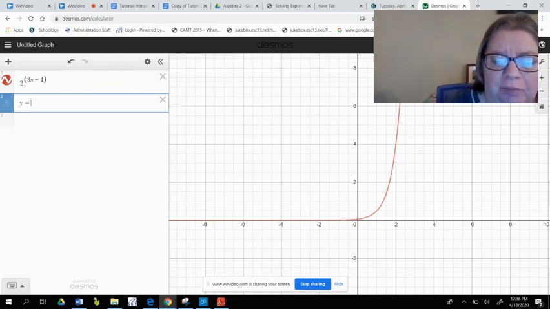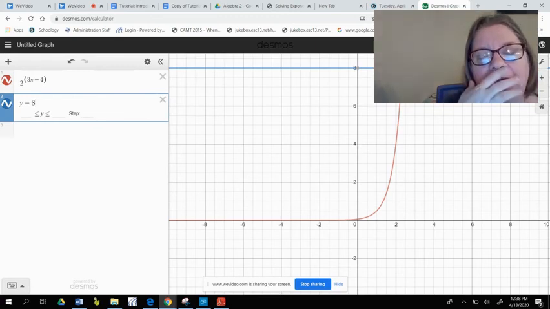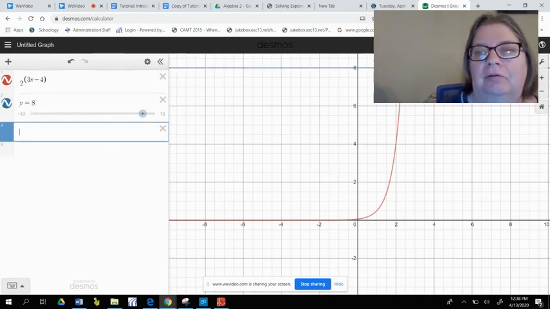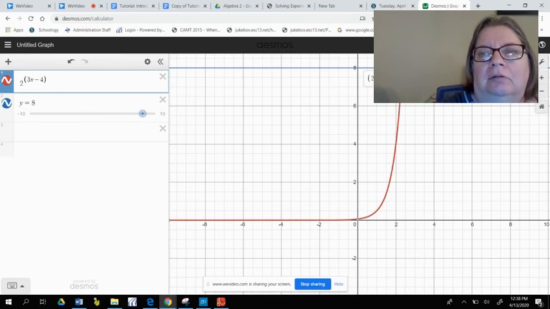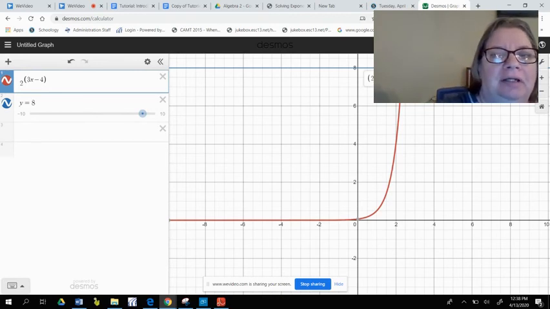Now, if it's just a number, you're going to have to put the y equals, and you'll catch it if you don't because it won't make a graph. 2.333, you can either put it as that decimal or you can make it a fraction 2 1/3 or 2.3 repeating, but that's your intersection.